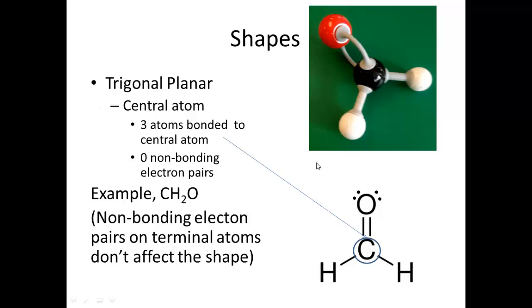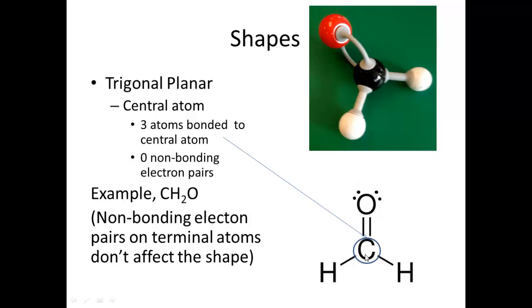So similar to trigonal pyramidal, there's 3 atoms bonded to the central atom. But with this shape, there's not any non-bonding electron pairs. So you can see there's 3 atoms bonded to it, 1 oxygen and 2 hydrogens. So the terminal atoms are the atoms that end the molecule, and those don't affect the shape, the electron pairs like they do in the central atom.